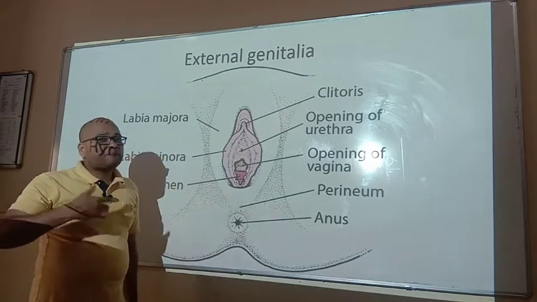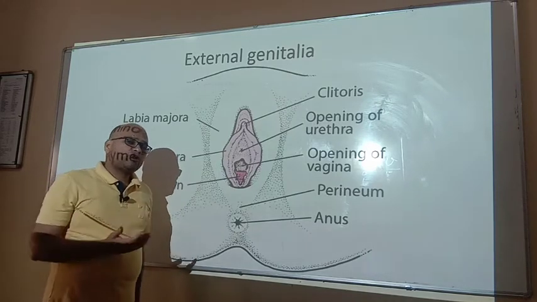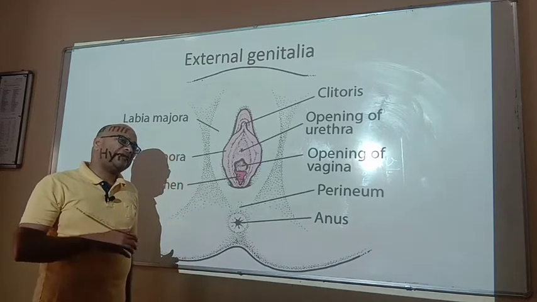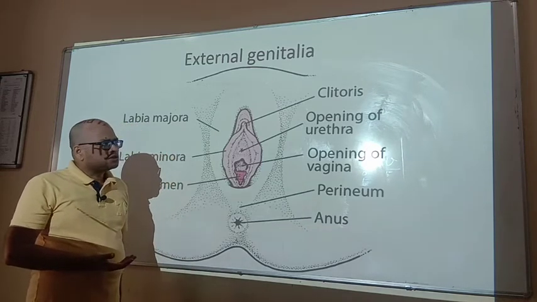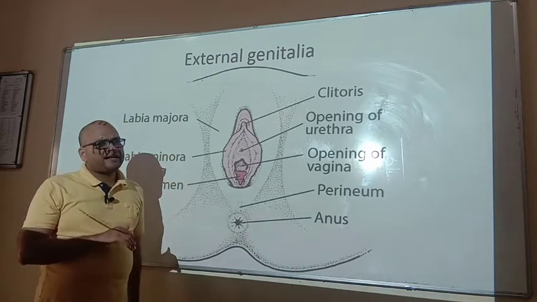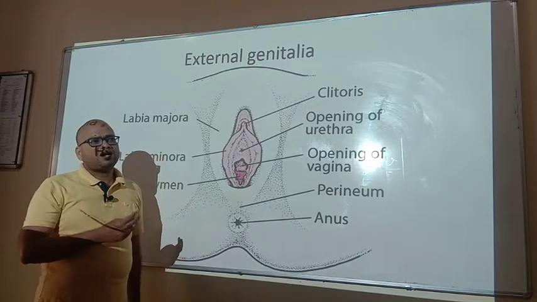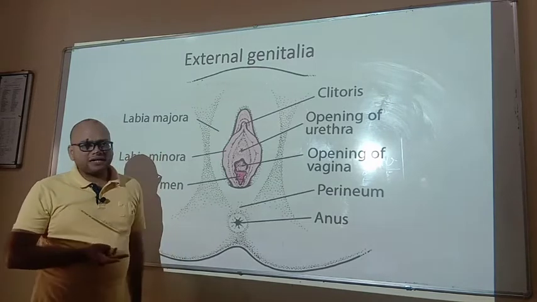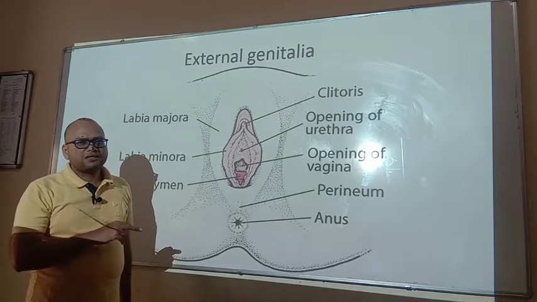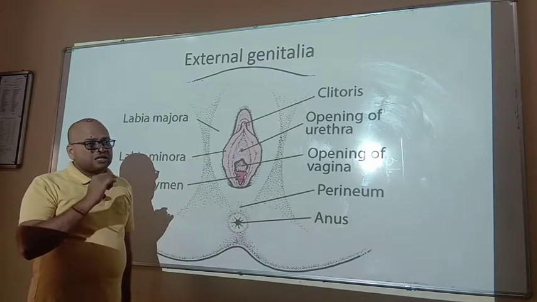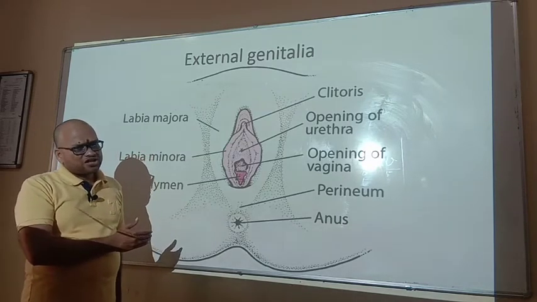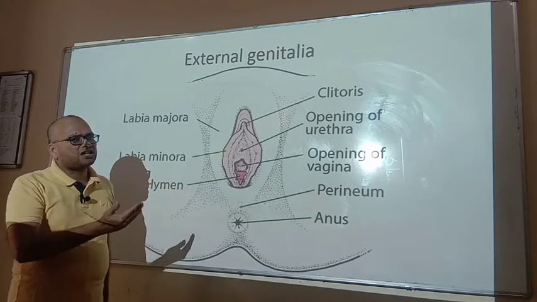In contrast to the male external genitalia, the opening of the urethra and the opening of the vagina are two distinct openings in the female, while in the male the urinal aperture as well as the genital aperture are common.